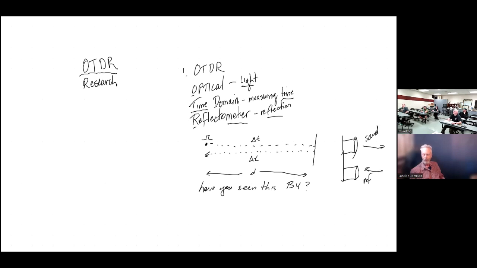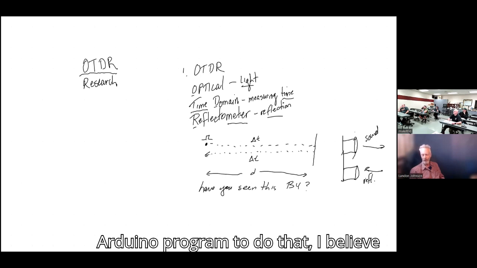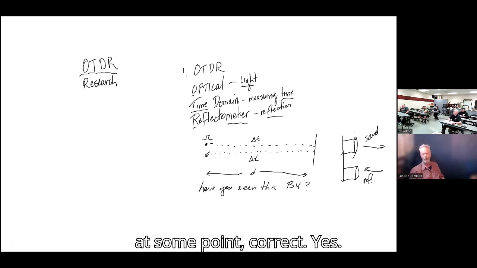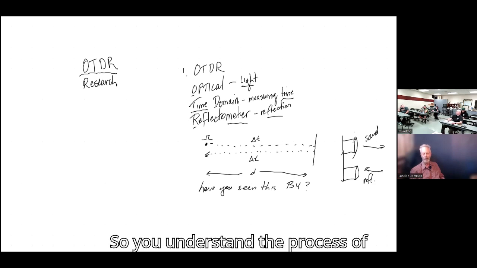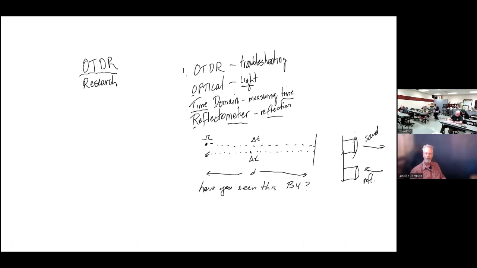So we send out a pulse of sound, we measure, and you guys have all written an Arduino program to do that, I believe, at some point, correct? So you understand the process of how this is done. We send out a pulse and we start counting time until the pulse returns. This is a troubleshooting device for fiber optics.